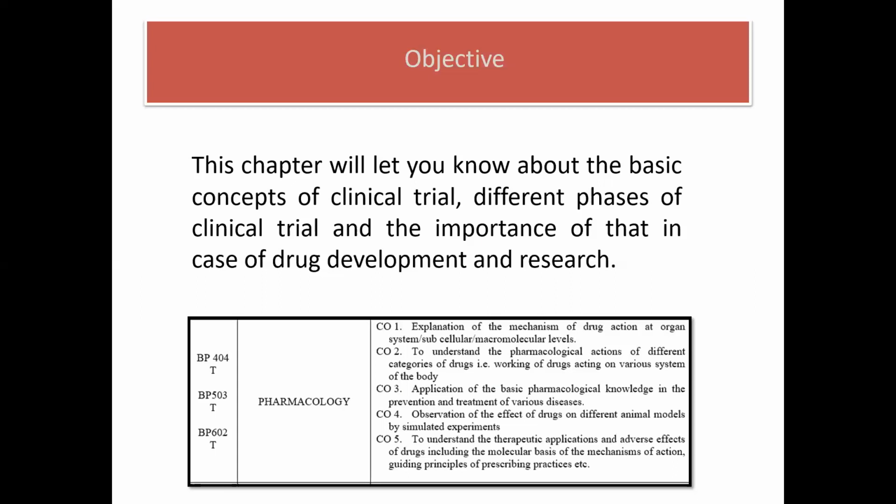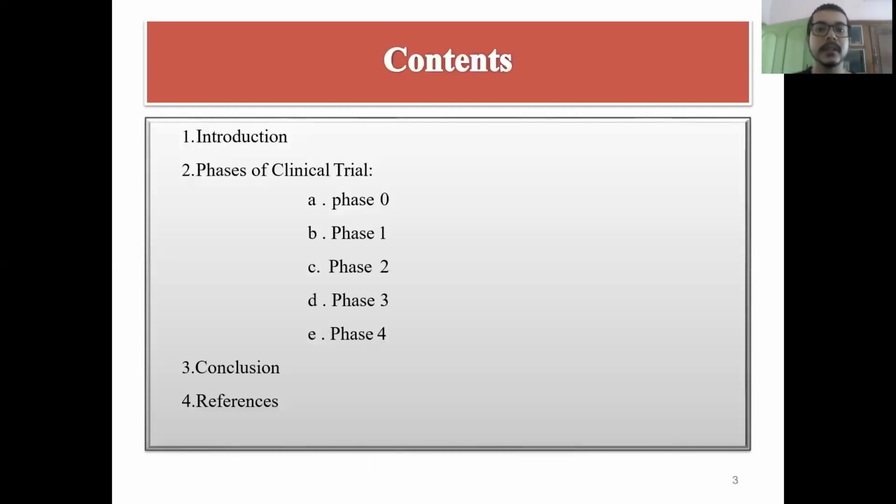From this chapter, the course objectives that will be fulfilled are course objective 5, course objective 3, and others as well in a small manner. That is, to understand the therapeutic application and adverse effects of drugs, including the molecular basis of mechanism of action and guiding principles of prescribing practices, etc. These are the contents which we are going to study today.